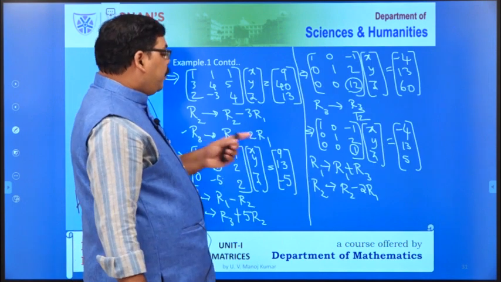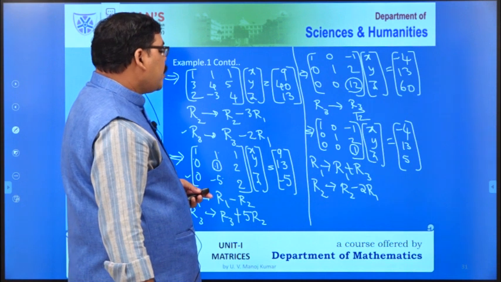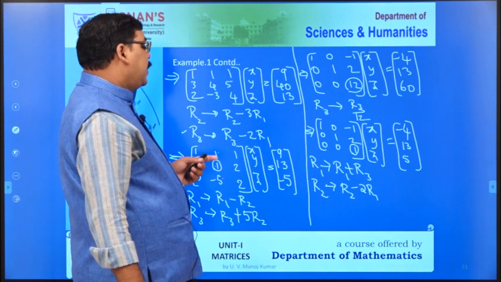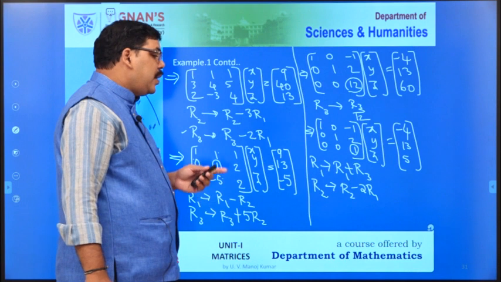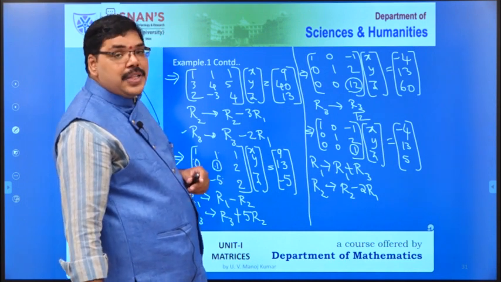So we will write the result again here. What happens if I apply the row operations? R1 implies R1 plus R3, R2 implies R2 minus 2R3.